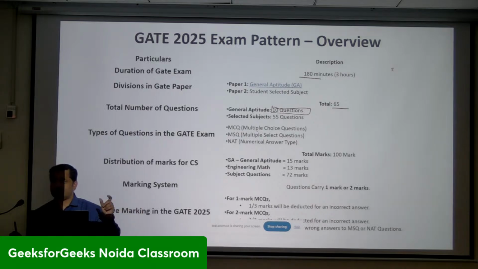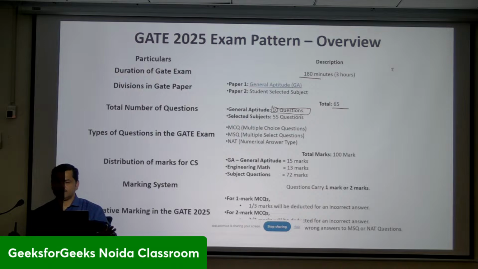Like in the previous 2024 DA exam, DSA was supposed to be 10% weightage only, but it came to around 15 to 16%. That depends upon the problem setter. But for general aptitude, it is fixed.